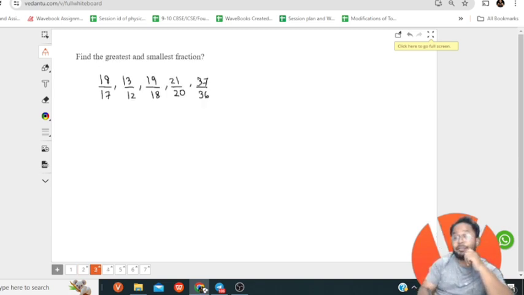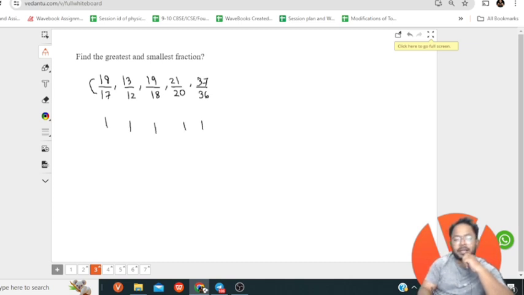What if we have improper fractions? Then which one will be the greatest and which one will be the smallest? We just do the reverse of what we have done, the exact opposite. Again the common difference is 1, 1, 1, 1, 1.